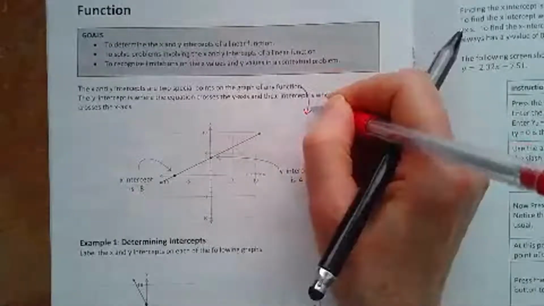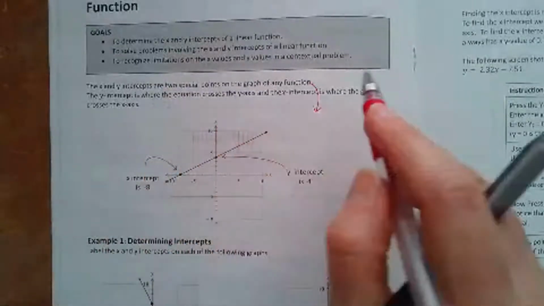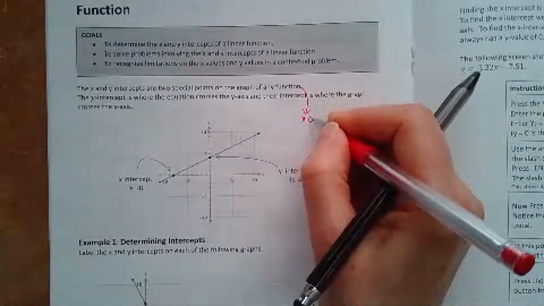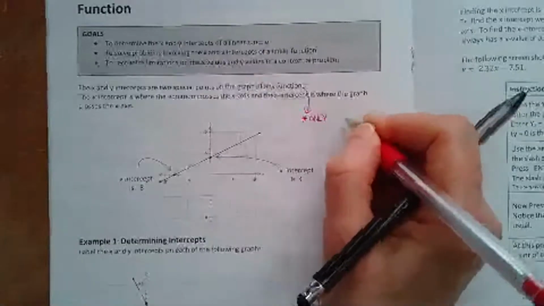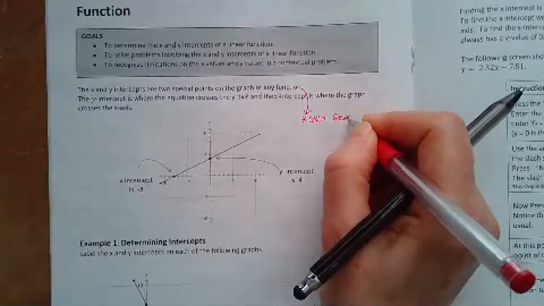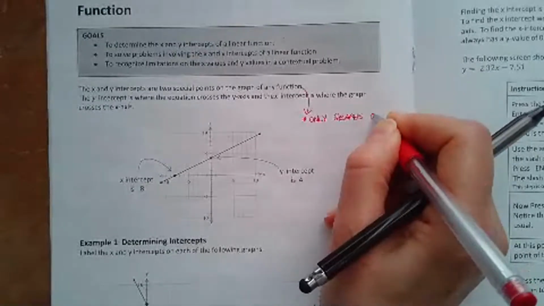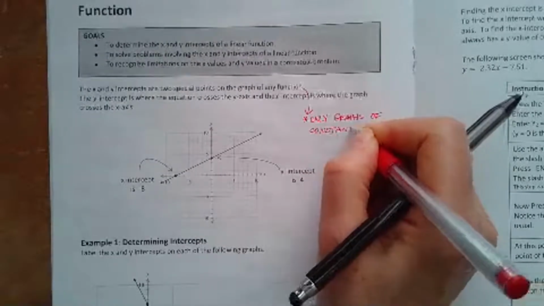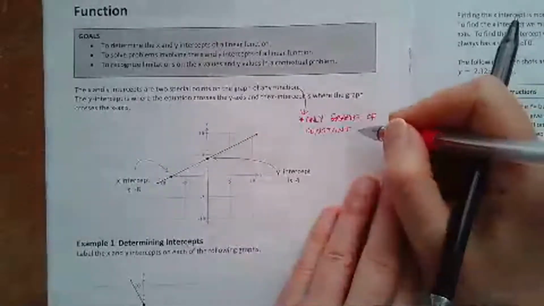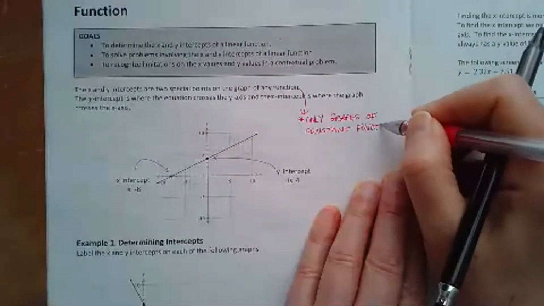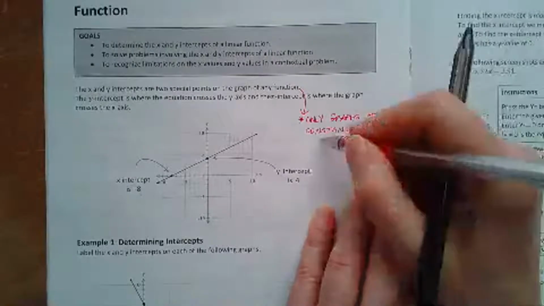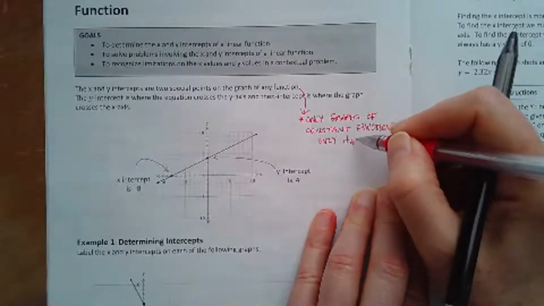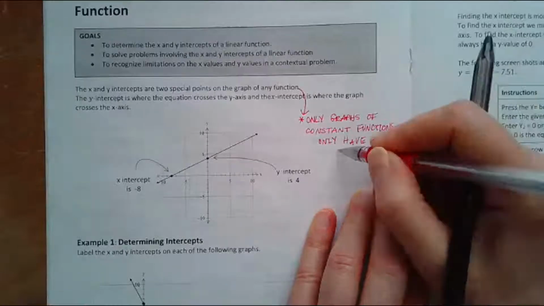So it says x and y intercepts are two special points in the graph of any functions, and I'm going to say only graphs of constant functions only have a y-intercept.